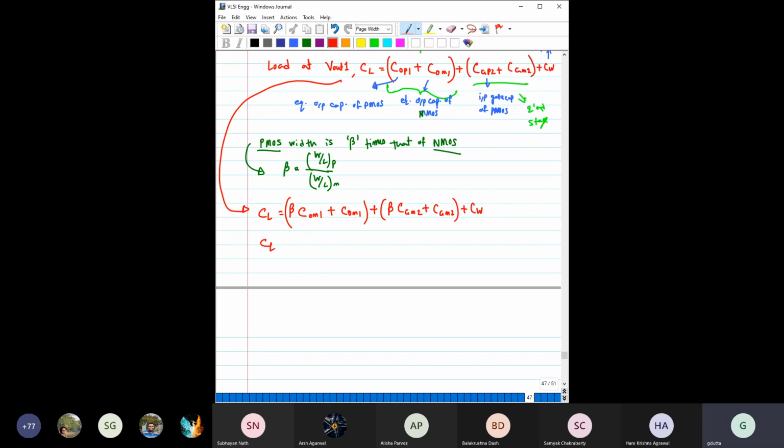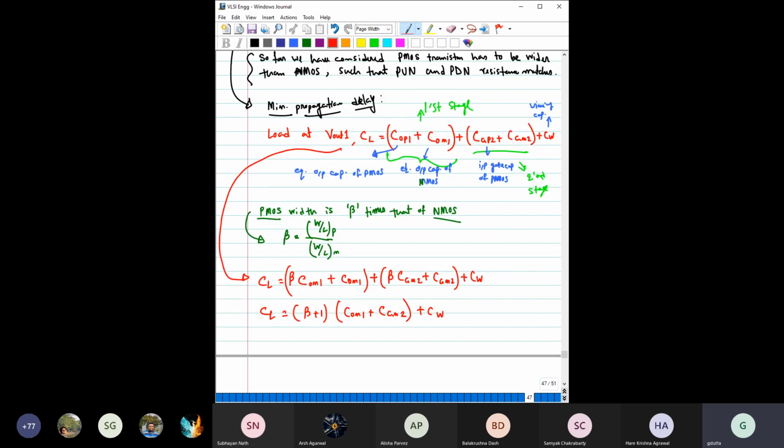Why we are doing this, you will understand. This is CGN2 plus CW, so this is the total capacitance. Now everything is represented in terms of the NMOS.